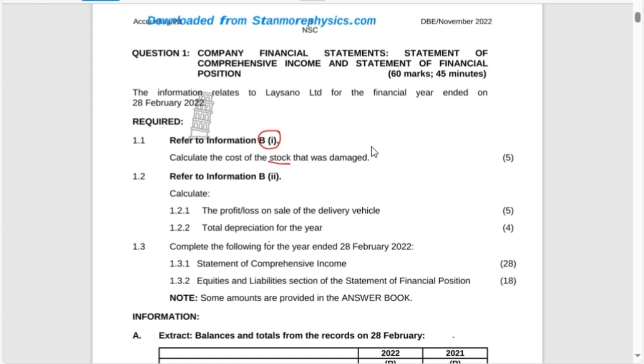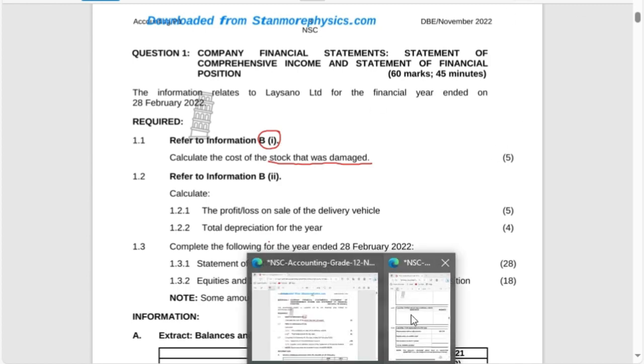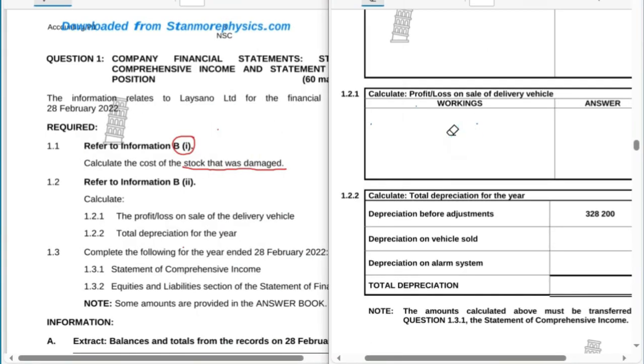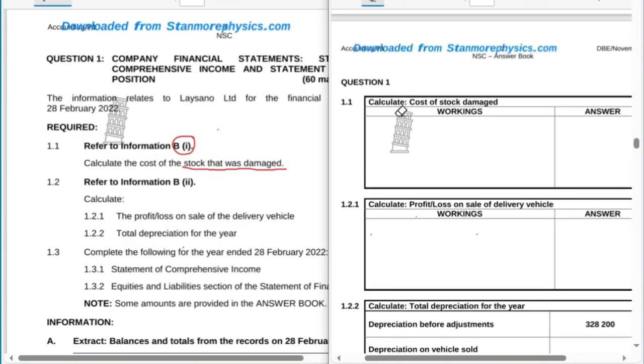Meaning we need to calculate the cost of stock that was damaged by referring to information B. We have our answer sheet, which has been provided to us, and we are going to use it to show our workings and also our final answer.